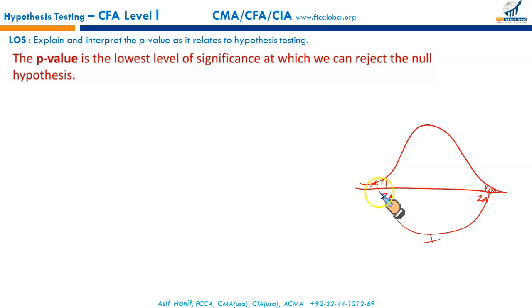For left one-tail test, the p-value is given by the probability that lies below the calculated test statistics. For the right tail test, the p-value is given by the probability that lies above the calculated test statistic. And for two-tail test, I just told you a little while ago, the p-value is basically the sum of probabilities in the two tails.